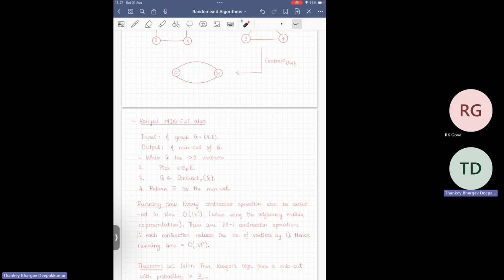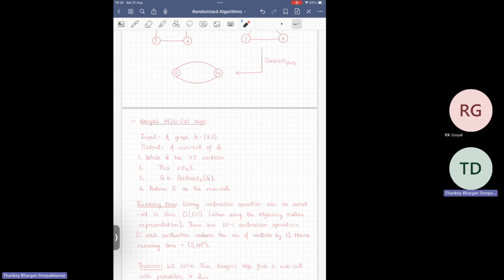Before I move on to running time and your question: when I have only two vertices, the entire edge set is exactly the cut set, right? Yes. And about your question, it is clear that what you get is a cut, but how do you ensure that this is the minimum cut?